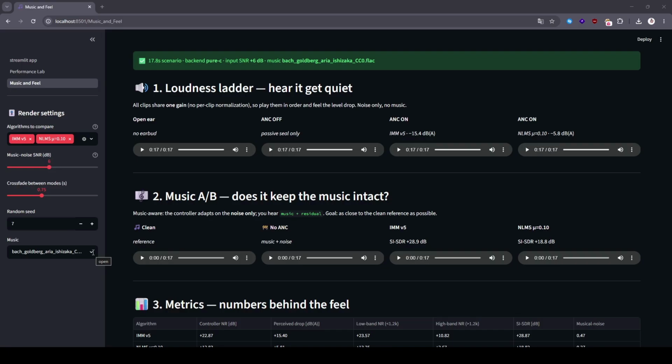But now with the music on. First, I'm going to show you the music cleanly, then with no ANC, then with IMM, then with NLMS, and we'll discuss the conclusions.